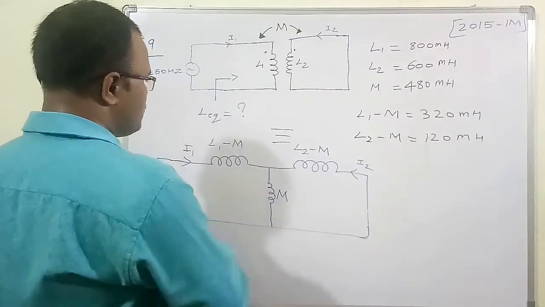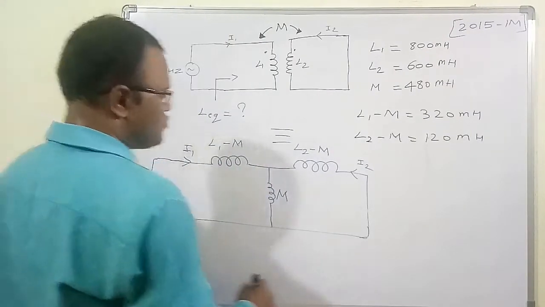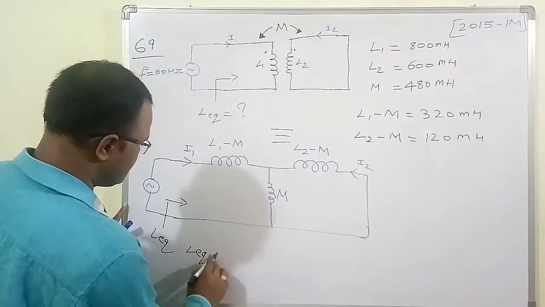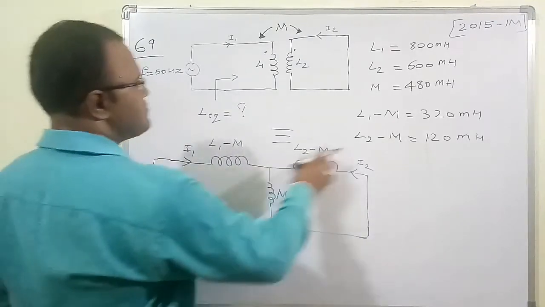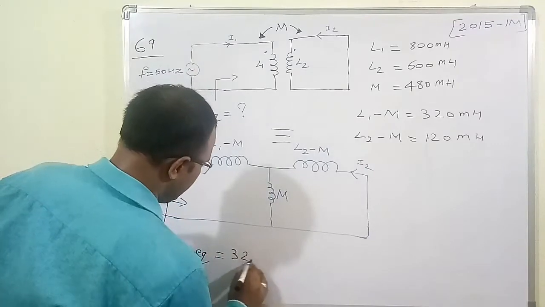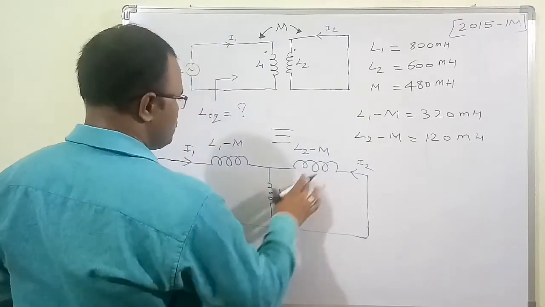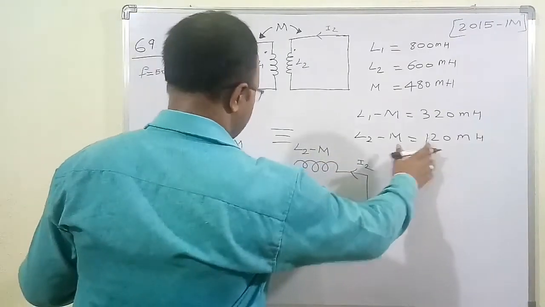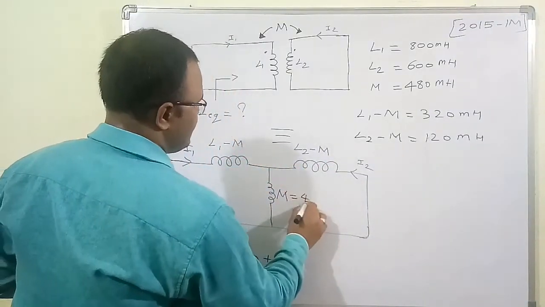So now we need to find the equivalent inductance. The equivalent inductance is L1 minus M, which is 320 millihenry, plus the parallel combination of L2 minus M, which is 120, and M, which is 480 millihenry.